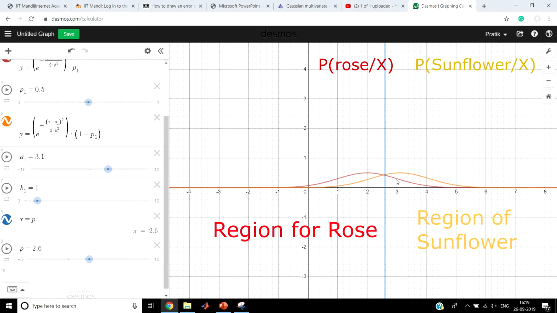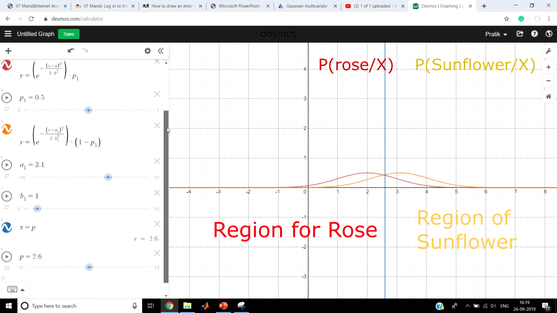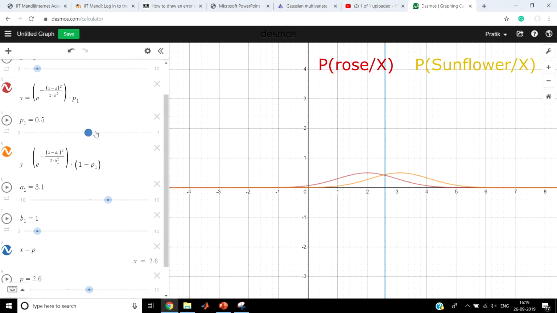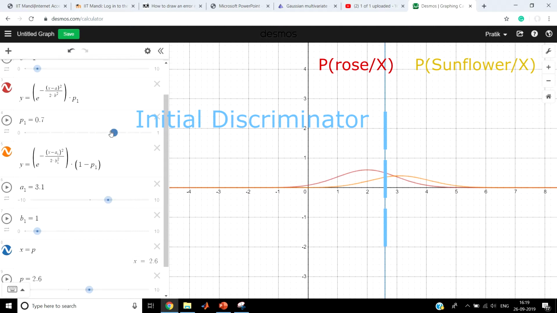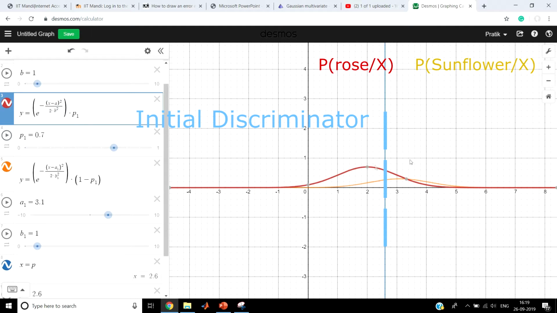Here if I change the prior, like this, now I am giving more priority to roses. I am assigning roses 0.7, so it is enhancing, and because of this the sunflower is going down.